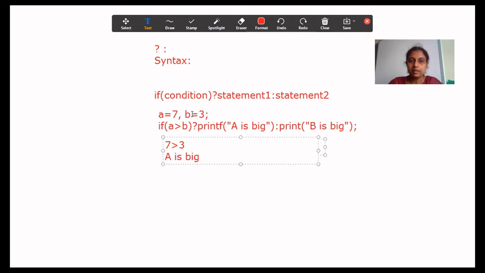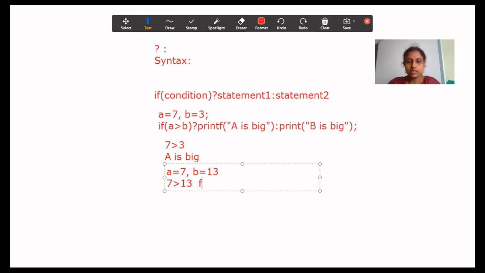In case I take, instead of this, A equals 7, B equals 13, now you tell me what will happen. A is 7, B is 13. Is 7 greater than 13?